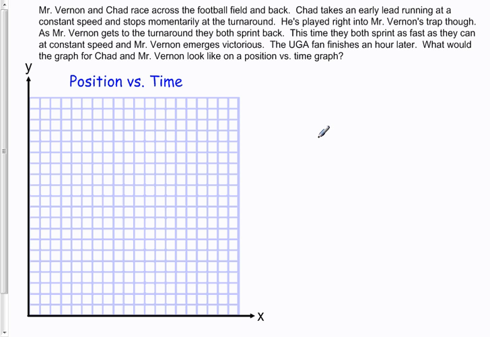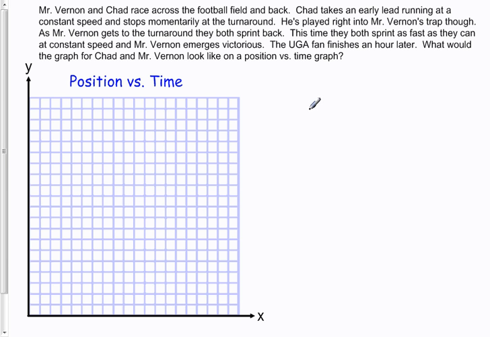He's played right into Mr. Vernon's trap. As Mr. Vernon gets to the turnaround, they both sprint back, but this time they go as fast as they can. And they're running at a constant speed once again. This time, Mr. Vernon runs as fast as he can and beats him. Okay? And then as we can see, the UGA fan finishes last, as always. Except for the past few years, but those don't count.